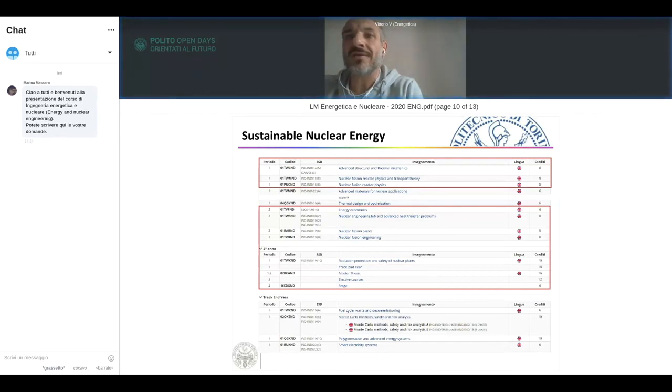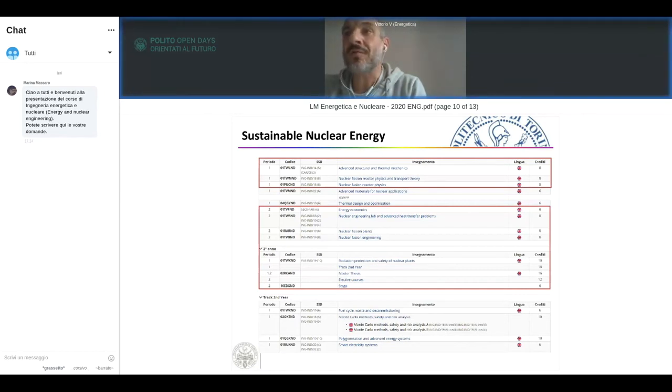This includes optimization, polygeneration and advanced energy systems, and smart electricity systems. So this is an overall description of the career.